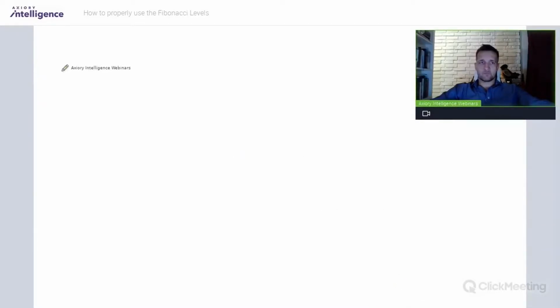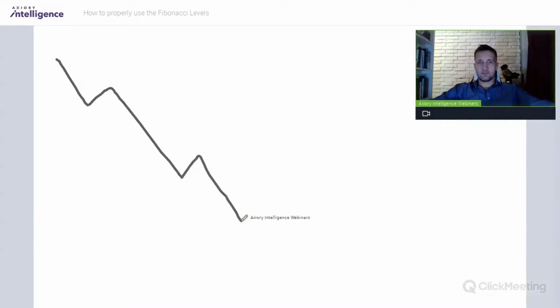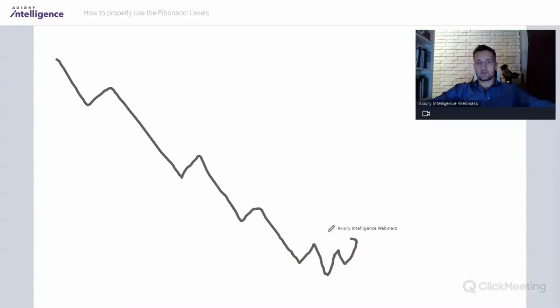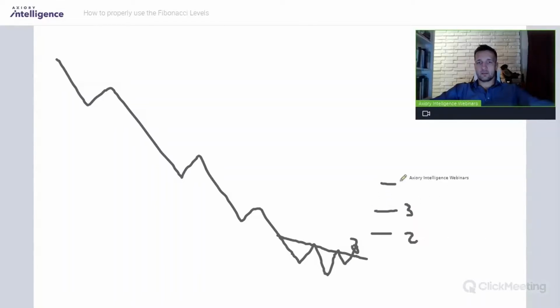So, you have this downtrend and this inverse head and shoulders pattern. You have a buy signal here, and you want to measure the correction. 23.6, 38.2, 50, 61.8. And then the price goes here.